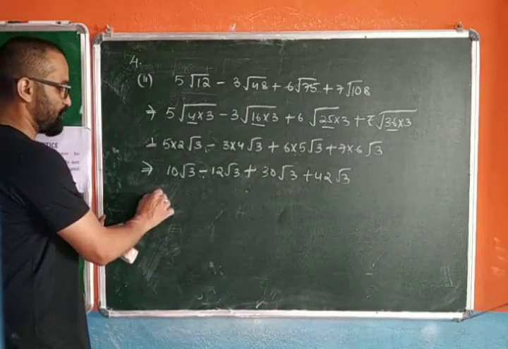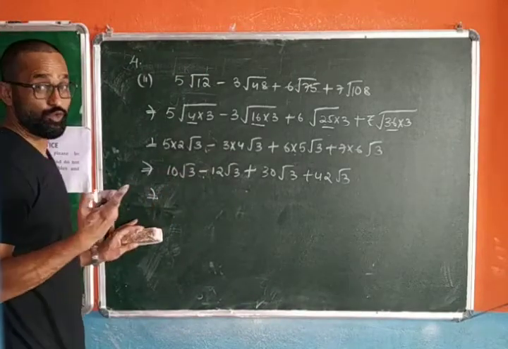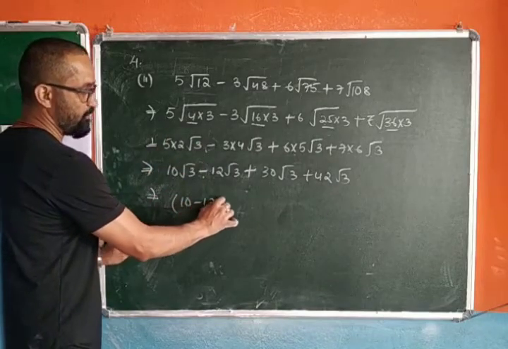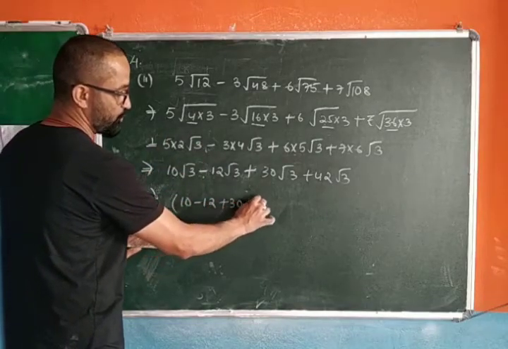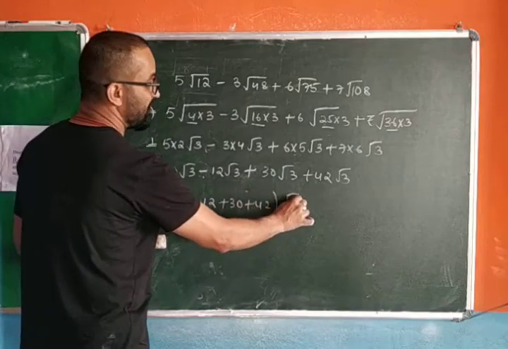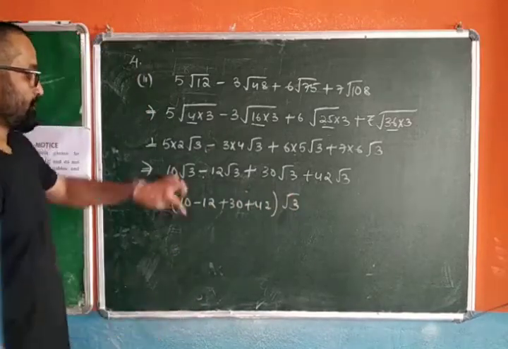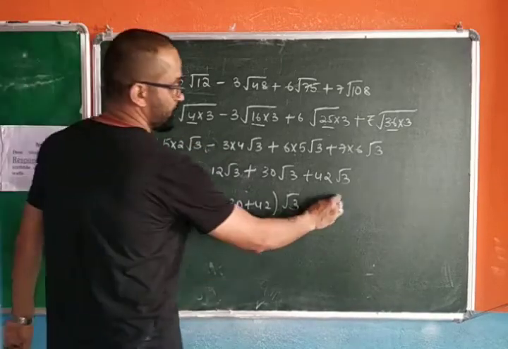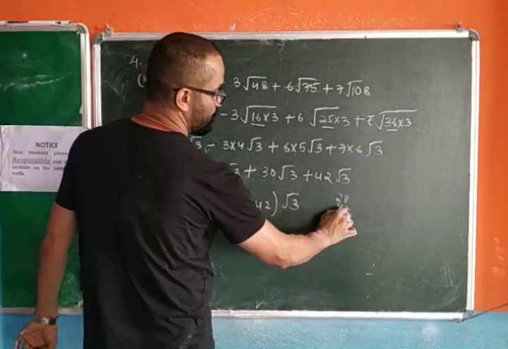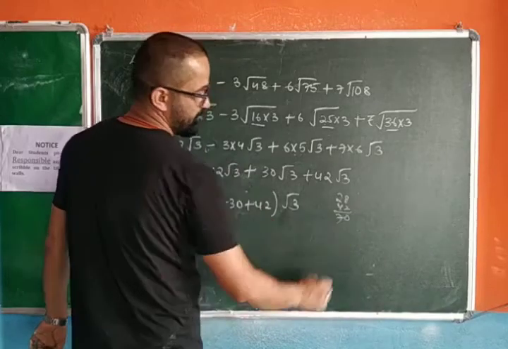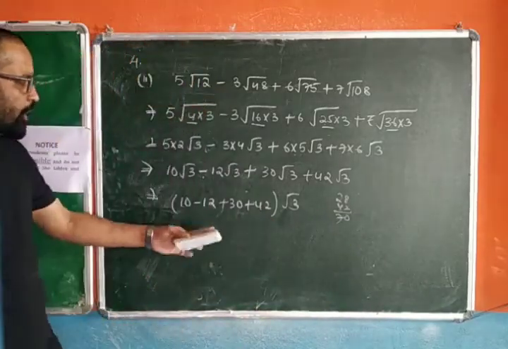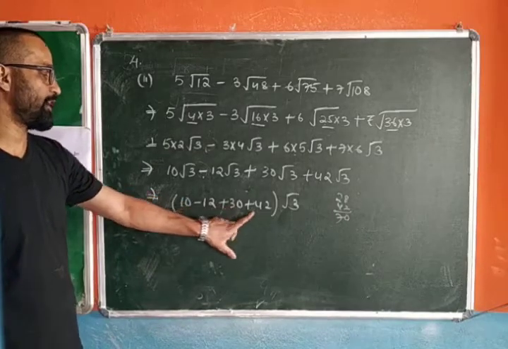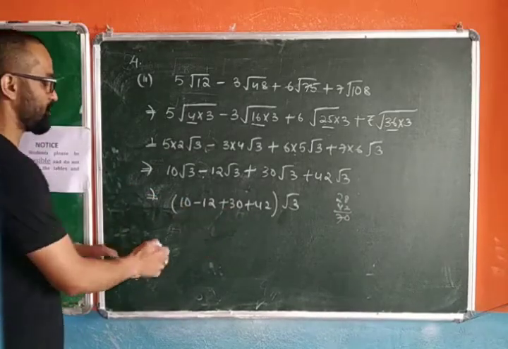When you do the simplification, you can take root 3 common and proceed. 10 minus 12 plus 30 plus 42 root 3 will be easier. It is minus 2 plus 30 is 28, 28 plus 42 is 70. Or you can add it like this: 10 plus 30 is 40, plus 42 is 82, 82 minus 12 is 70.